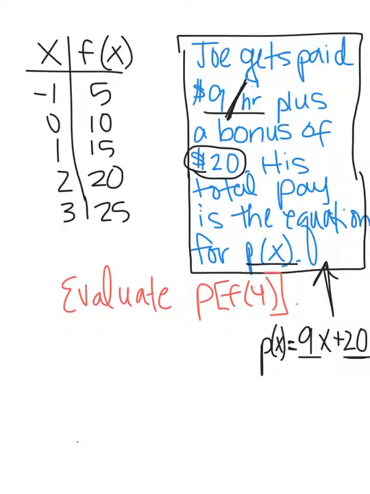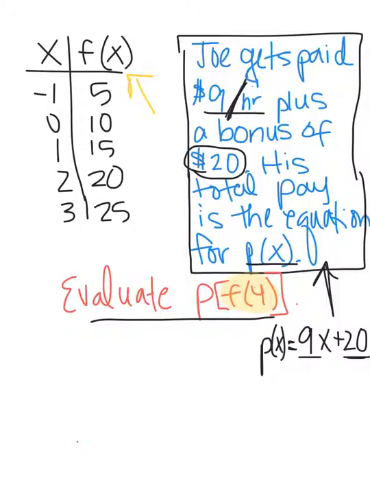So now that I have both functions, let's look at what it says. It says evaluate P of f of 4. So I'm going to do this part in the middle first. I'm going to do f of 4 first, and then I'll put my answer in there. For f of 4, I'm going to use this function because it's represented as f of x.